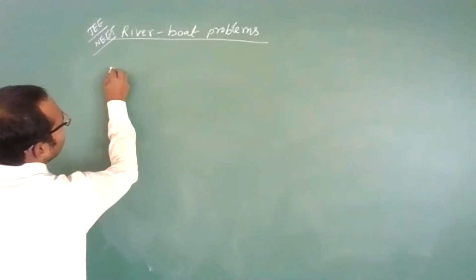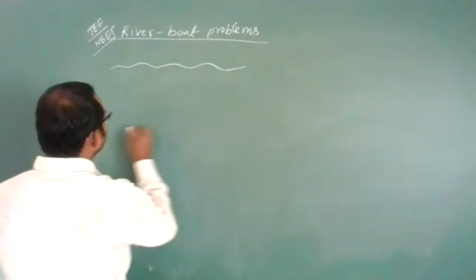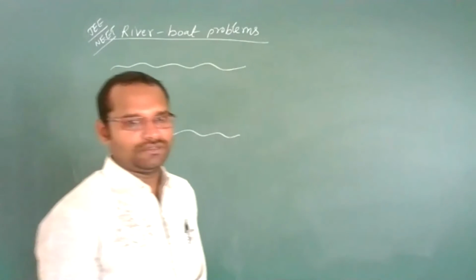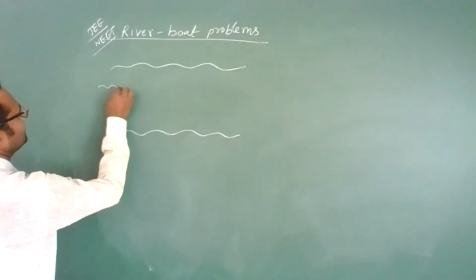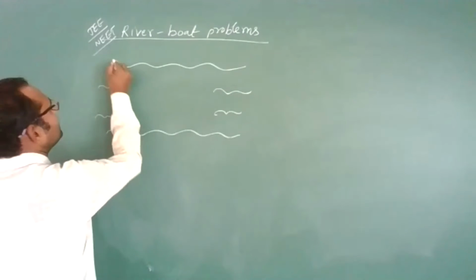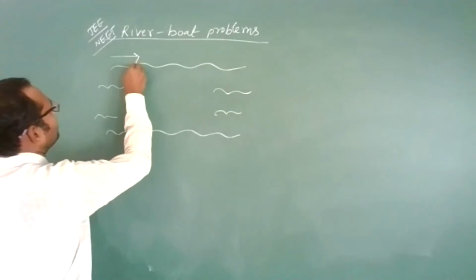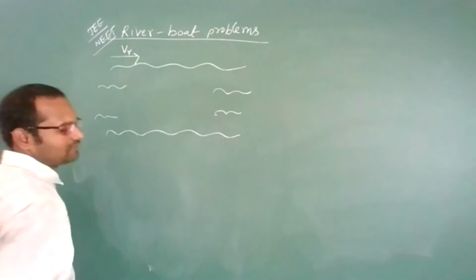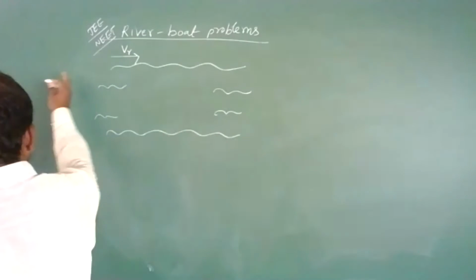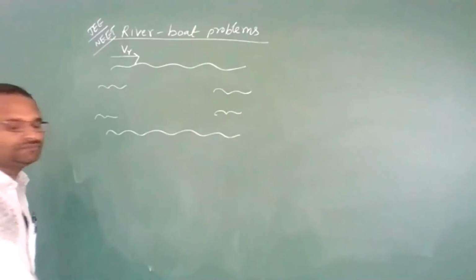Let us imagine that there is a river. River is flowing like this. Water is flowing in this river like this. River, I write small r. Velocity of river is in this direction.